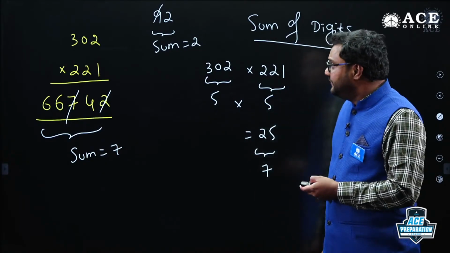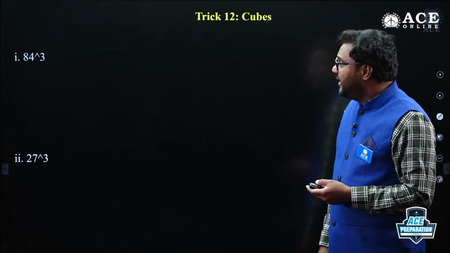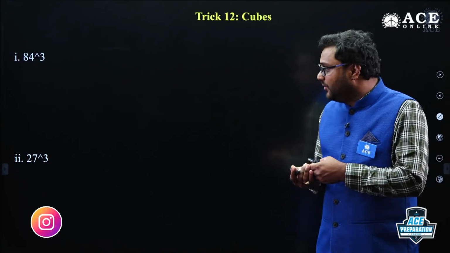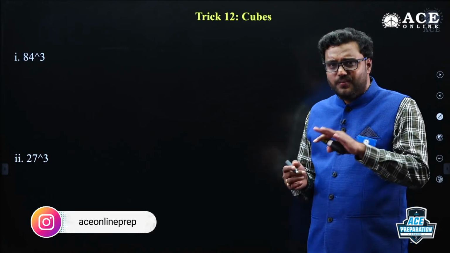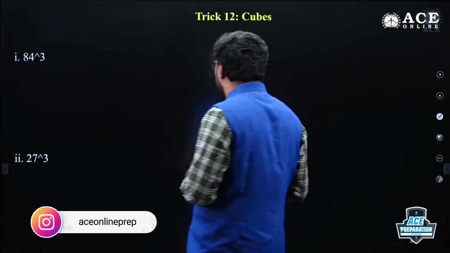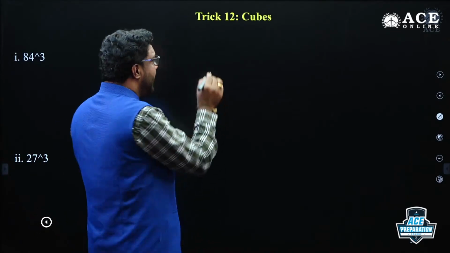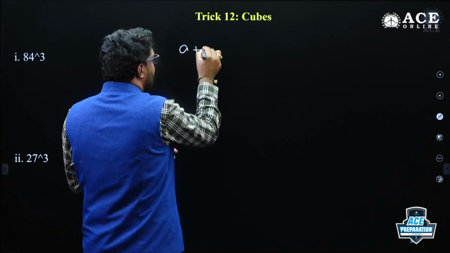Good. Next, my dear friends, if you want to do cubes, now we have to think about cubes. We'll go with the small numbers first, then we can see the big numbers. So guys, suppose a plus b whole cube. We have to know it first of all if you want to do cubes.